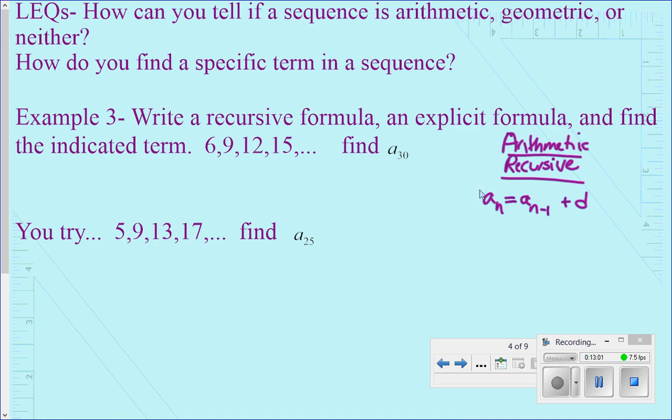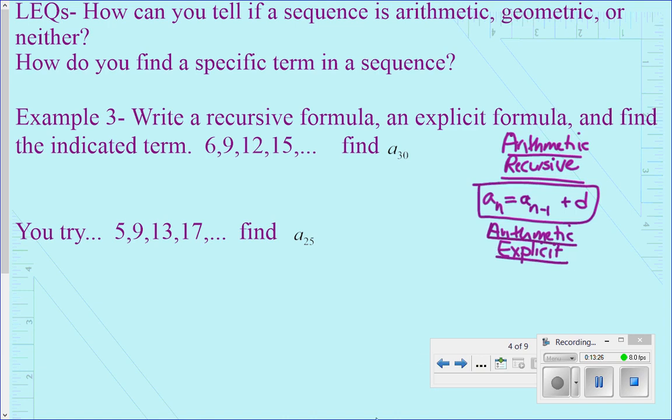Now, that formula we will identify, we will use a little bit, but it's actually not real useful. So we won't use it nearly as much as we will use the arithmetic explicit formula.